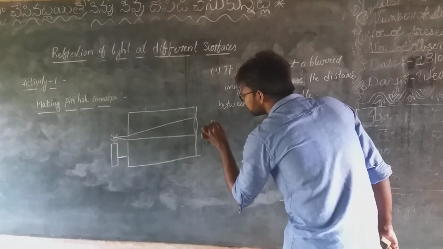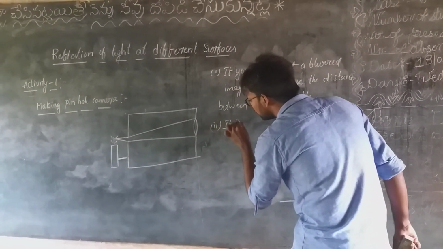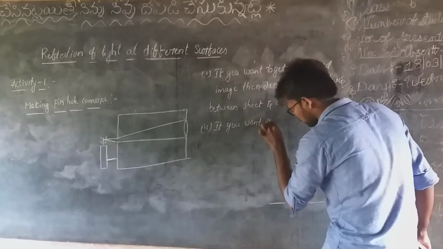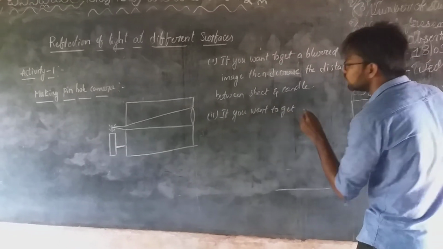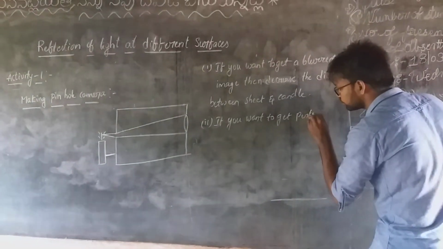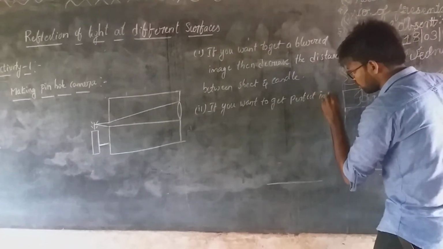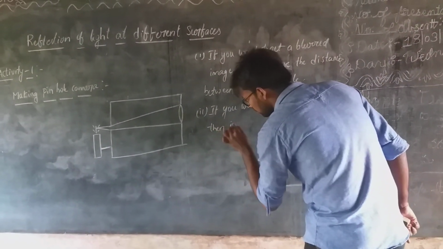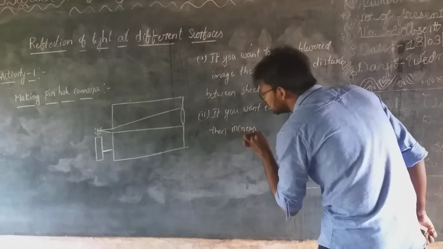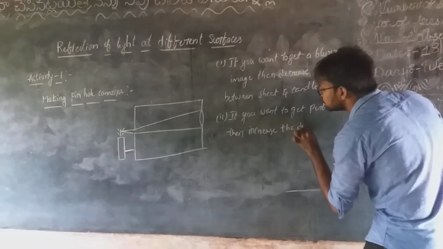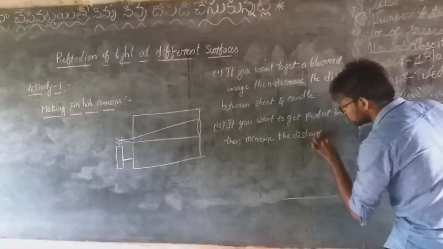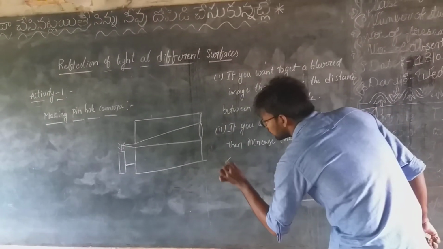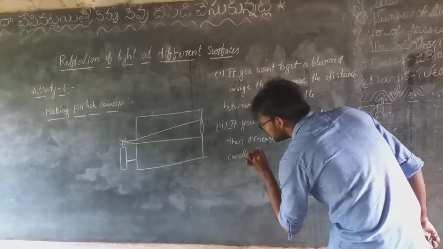Condition number 2, if you want to get a perfect image, then increase the distance between the candle and the sheet.